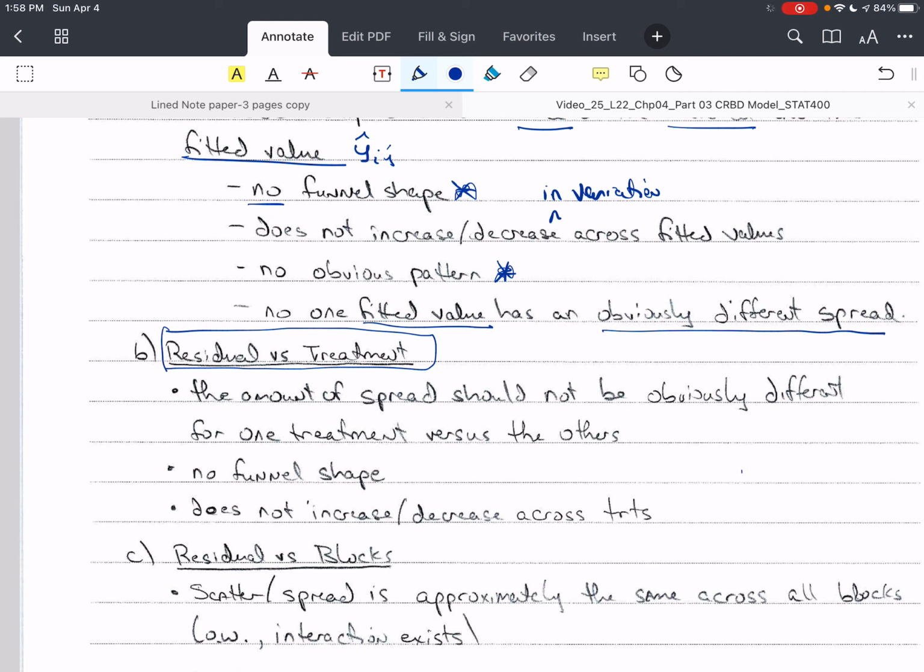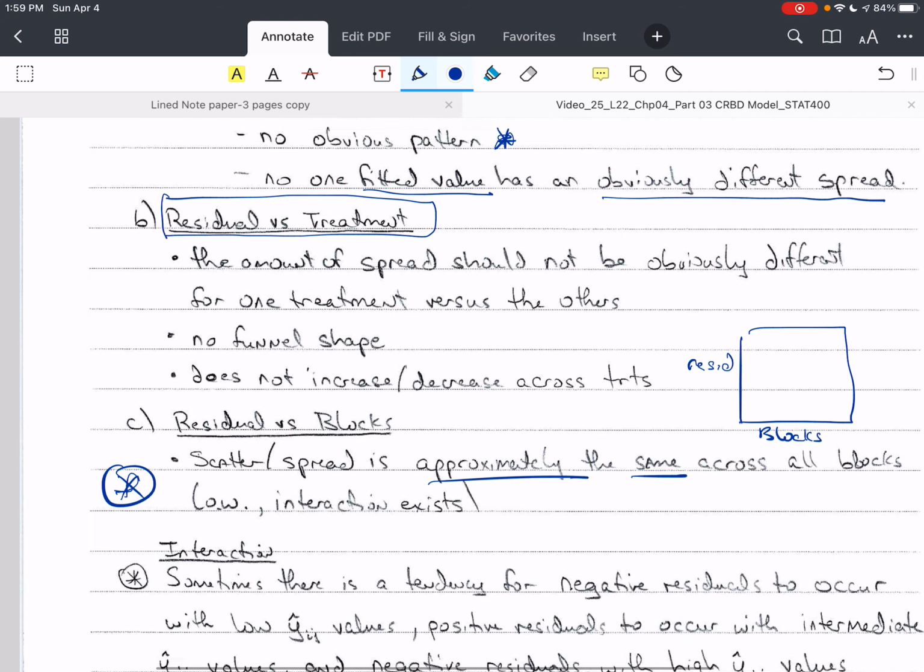So we'll have our residuals up here, and we'll have the blocks down here. And we want to make sure that the spread or the scatter or the variation is approximately the same across all blocks. Otherwise, we could say that interaction exists. So this is how we figure out if we have interaction.